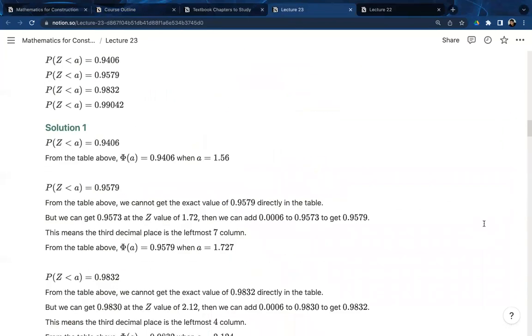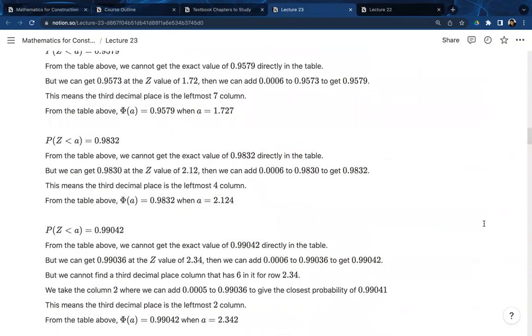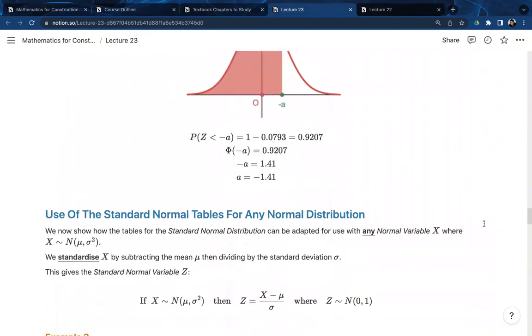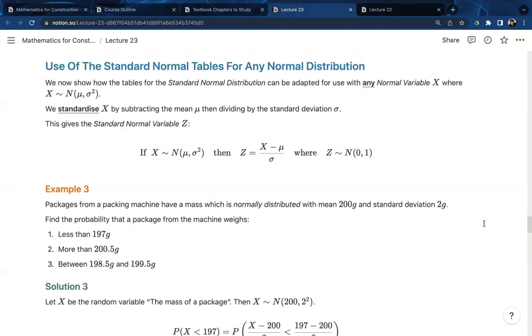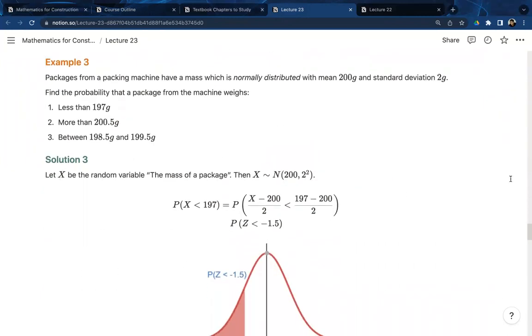So we did a lot of work today. We did a lot of using the normal distribution, but you had to wrap your head around how you use it to calculate probabilities. This is where we ultimately need to get to. You're given a word question where you have some variable that follows a normal distribution.